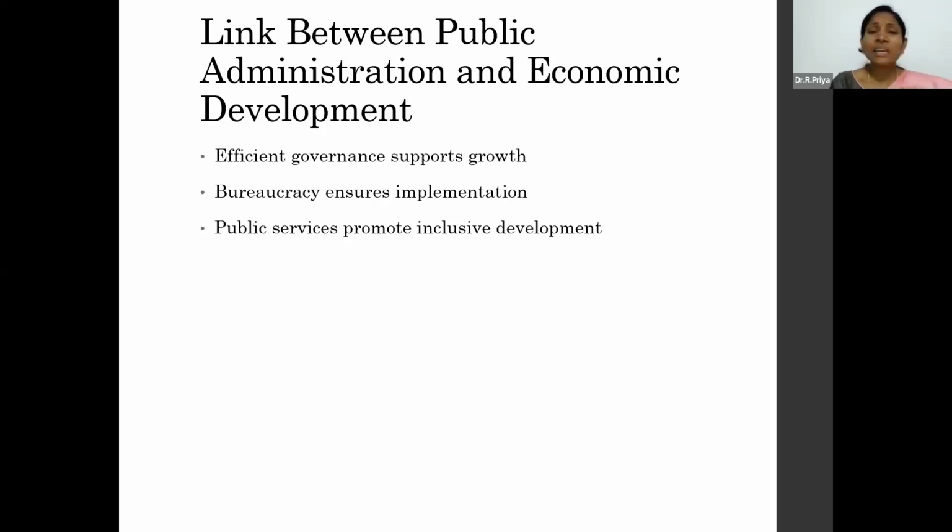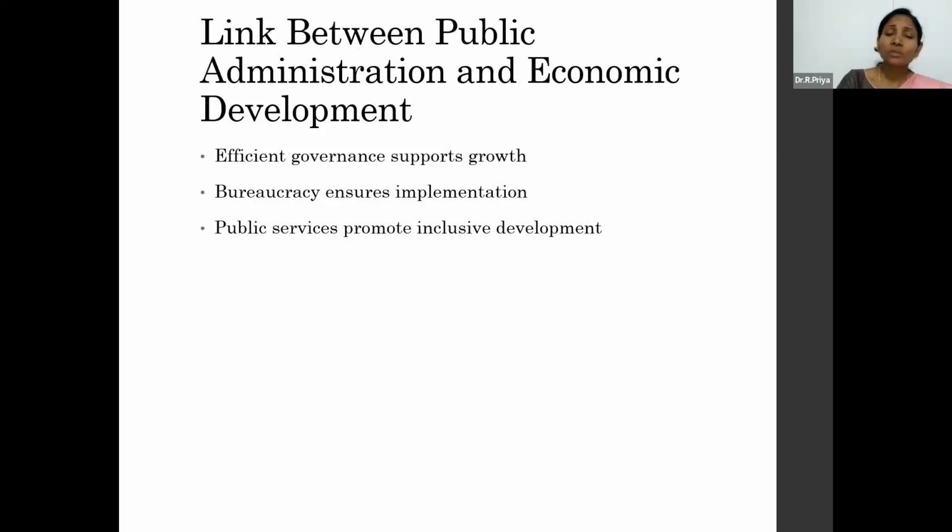You know schemes like Ujjwala Yojana, which provides free LPG connections, and Ayushman Bharat, a health insurance scheme, are managed by public administration to include low-income families in development. Many remote families in India, especially from rural backgrounds and low-income groups, are getting benefits from free LPG connections and health insurance under Ujjwala Yojana and Ayushman Bharat.